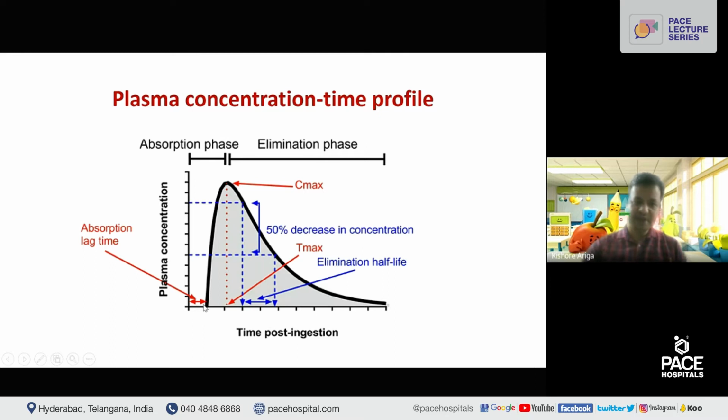After that the levels increase and reach a maximum level called Cmax. After it reaches the maximum level, the levels decrease, and this is the elimination phase. The initial phase till the drug reaches Cmax is called the absorption phase, and the next one is the elimination phase. The time taken to decrease the concentration of the drug by 50% is called the elimination T half.